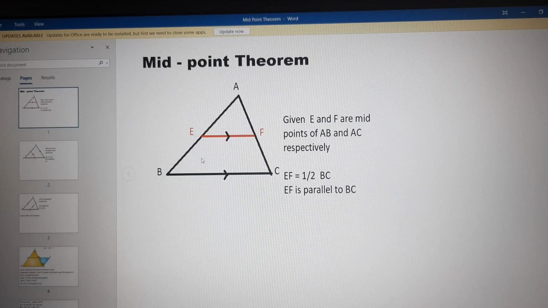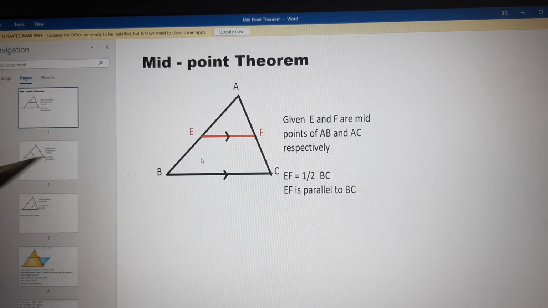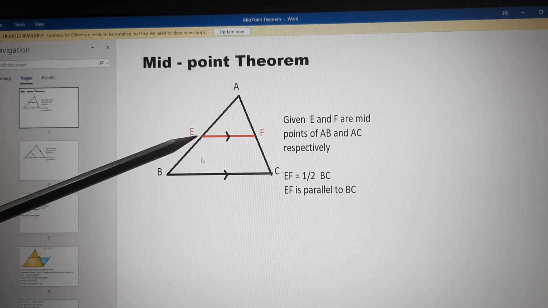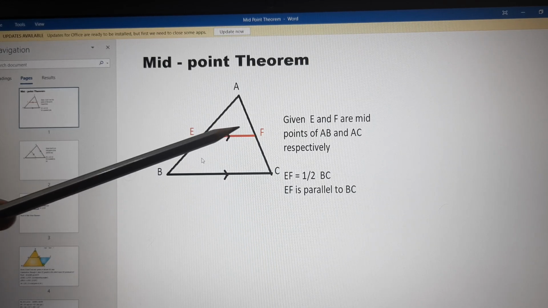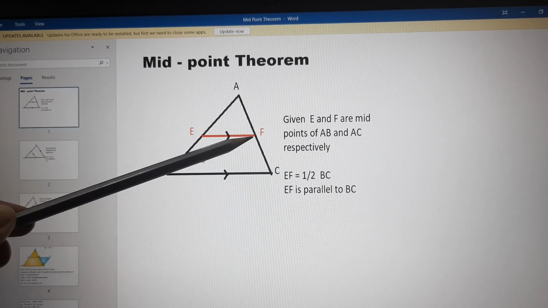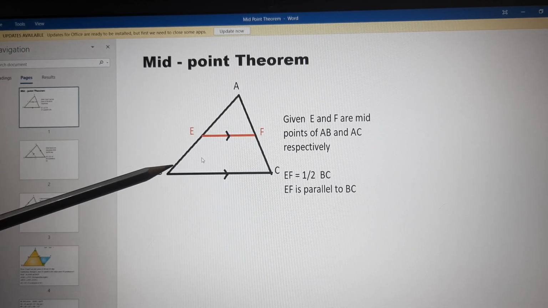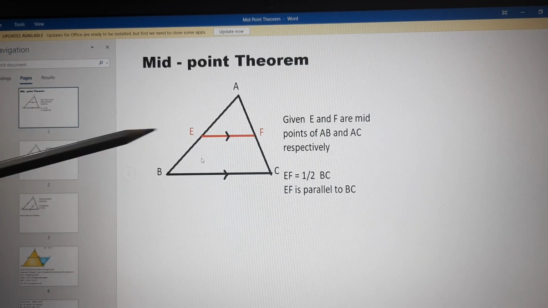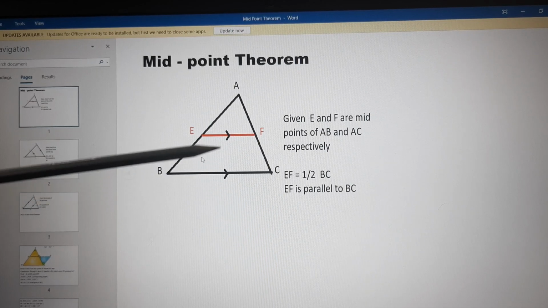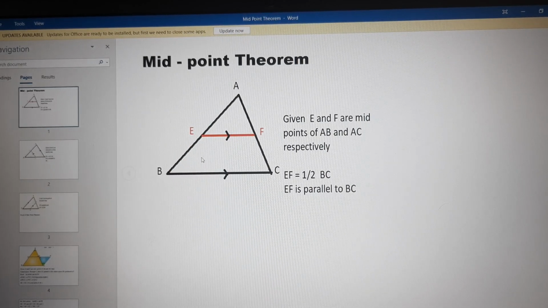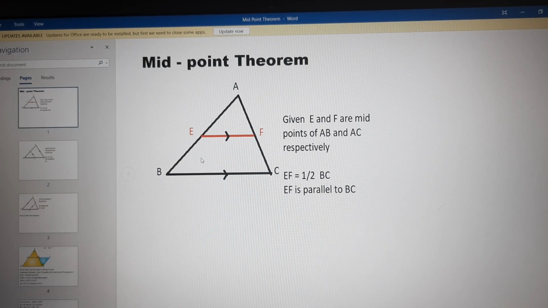So if midpoints of any two sides of a triangle are given, in that case, if we join the midpoints, the line segment joining the midpoints of the two sides of the triangle will be parallel to the opposite base and will be equal to half of the base. This is the midpoint theorem. Once again, I'll repeat.